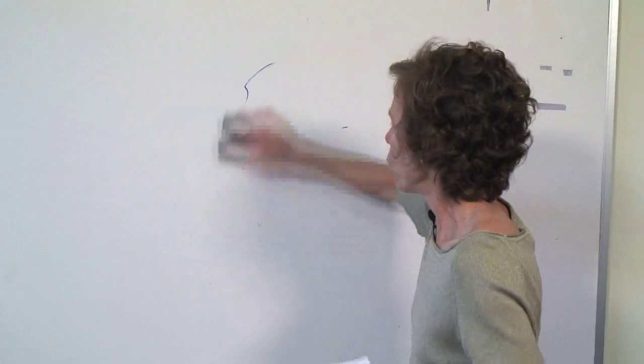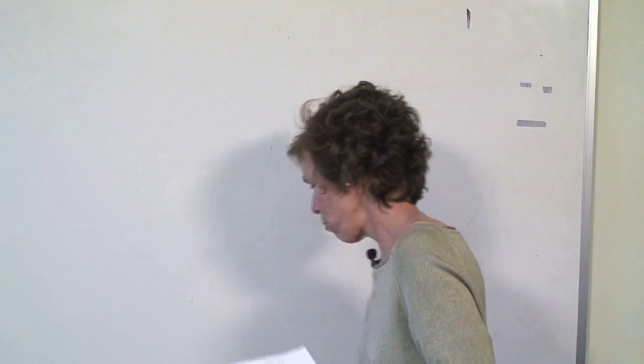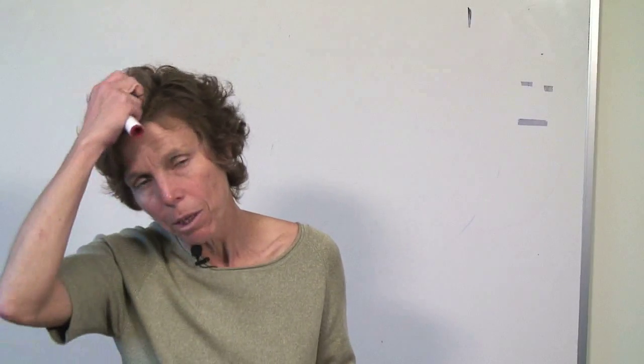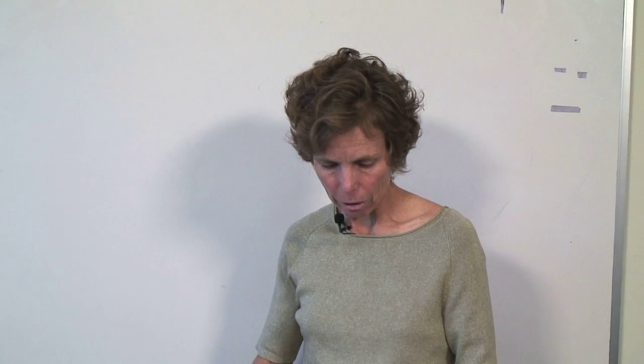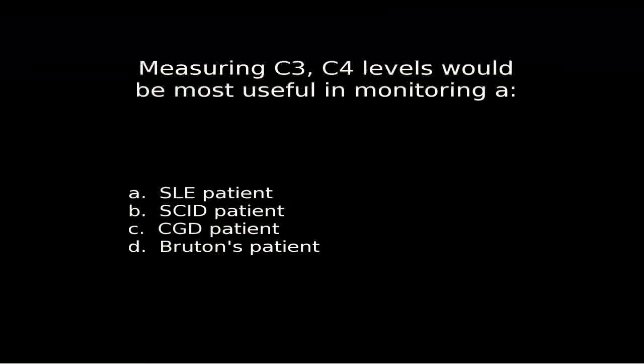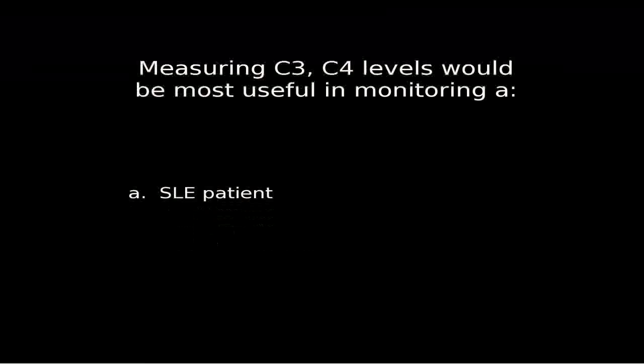So if you don't have any of those complement proteins, that means you're activating complement left and right. You're using them up. So the question is, what diseases use up complement? And the answer would be, as we look through this, A, SLE, that's a good one. We'll explain that in type 3 hypersensitivity in just a moment, but SLE is the correct answer.